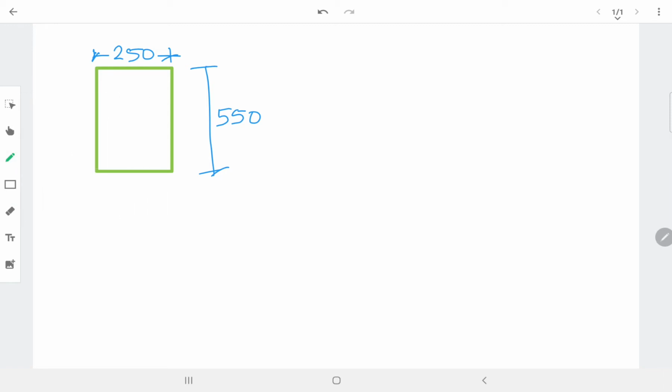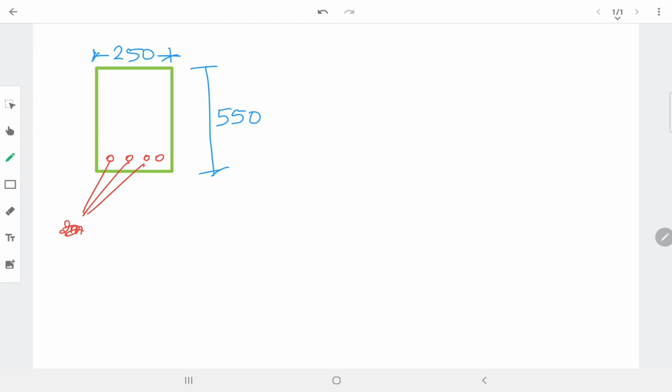It carries 4 bars, suppose 4 bars of 22 mm dia. So at bottom we have 4 bars of 22 mm dia: 1, 2, 3 and 4. The dia of these bars is 22 mm.